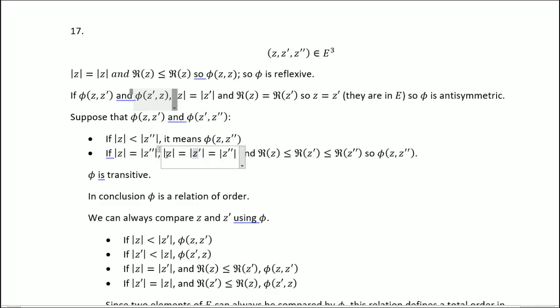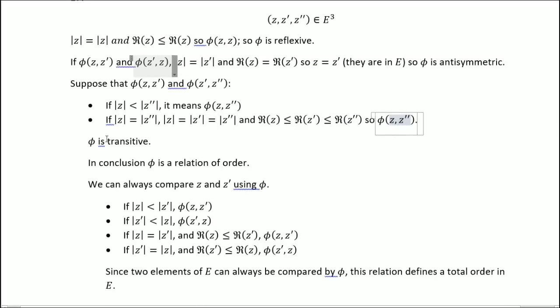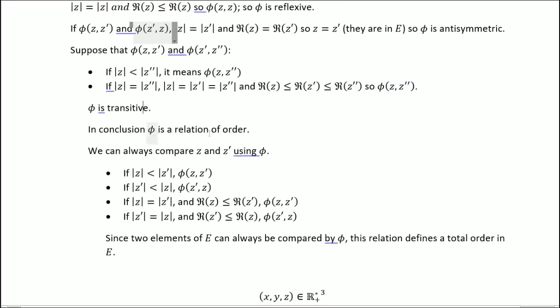Then we have this equality here, and for the real part we have this inequality because of this hypothesis. So we have phi of z z second. So phi is transitive. In conclusion, phi is a relation of order.